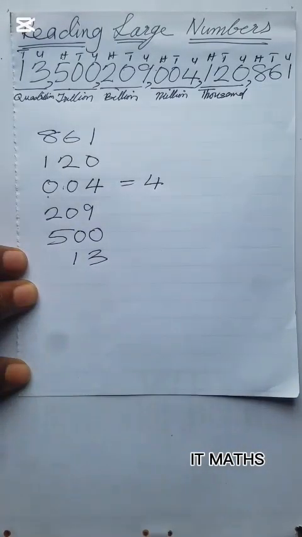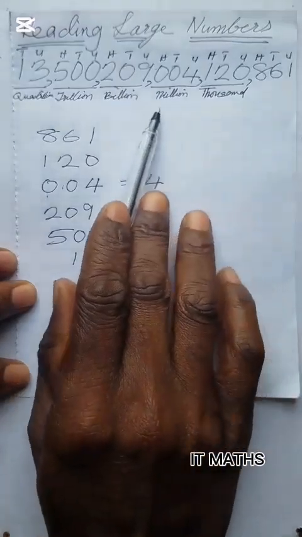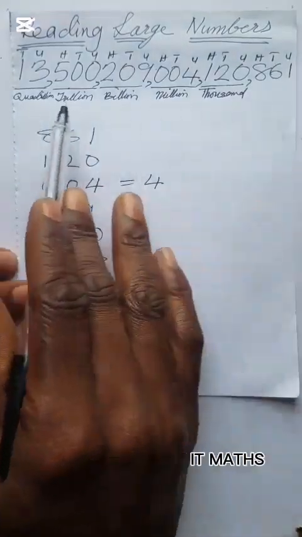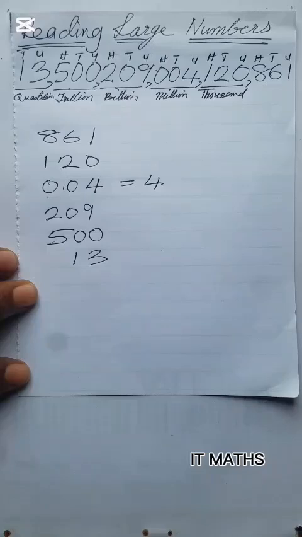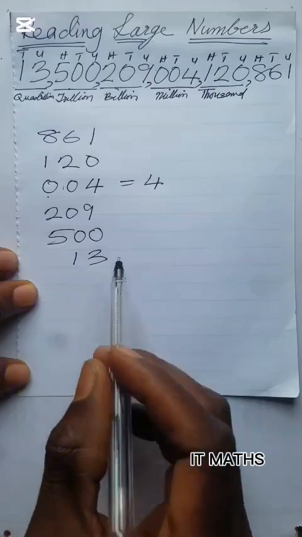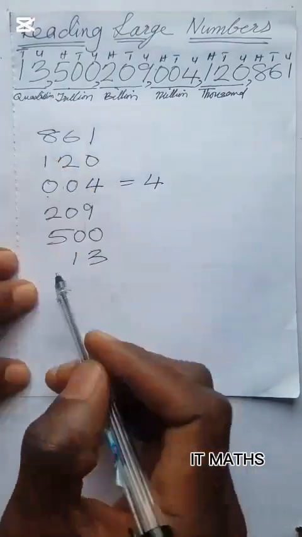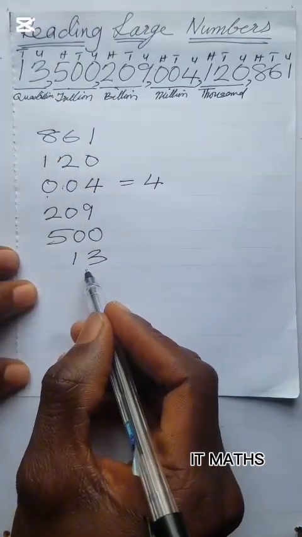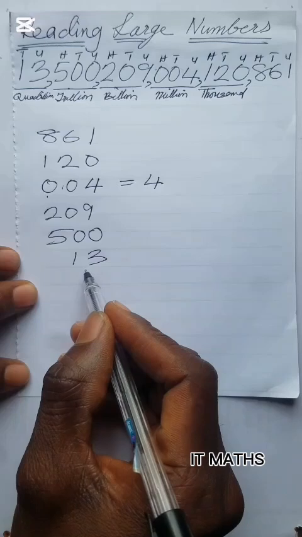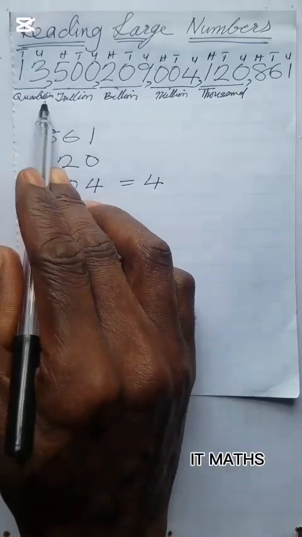But the only difference is that they all belong to different families, and they must answer to their family names. So this 13 here is not just an ordinary 13, but it is 13 quadrillion.